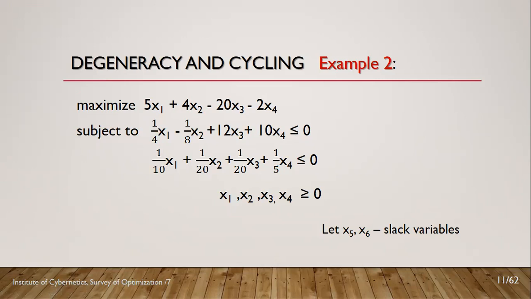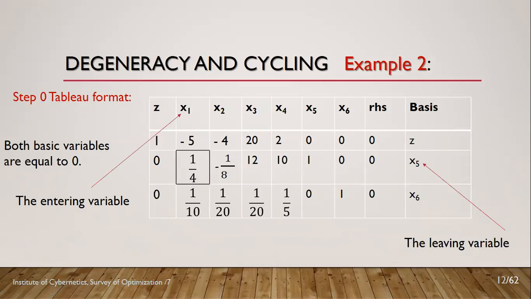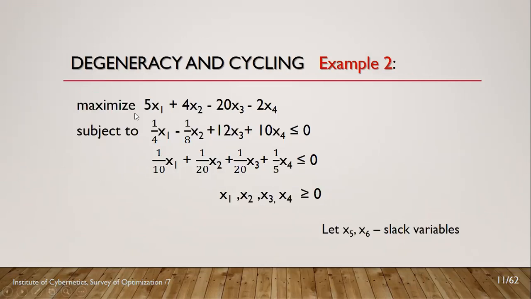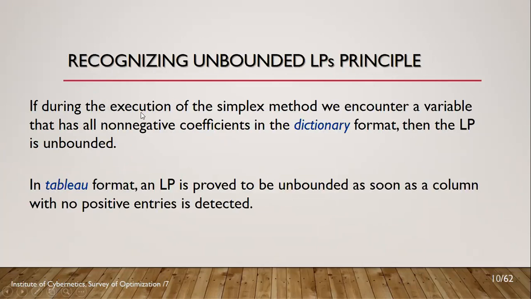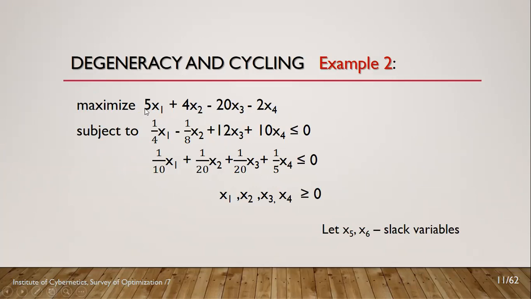An interesting feature that can be seen about this problem is that the right-hand sides are all zeros, meaning that we do not have free coefficients here. Now, what do we receive? As we write it in a tableau format, the signs change.